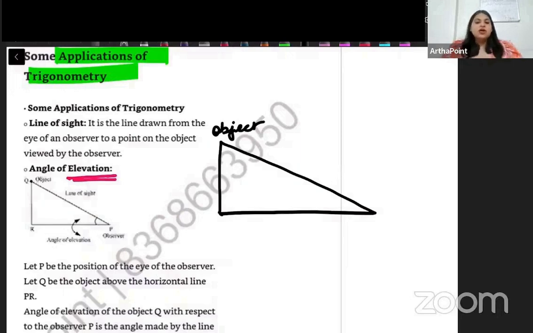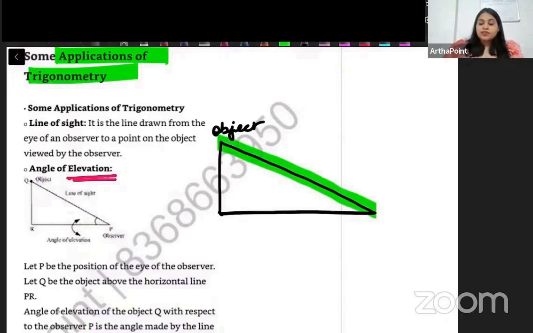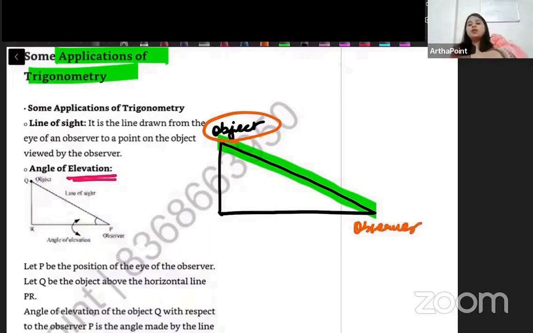viewed by the observer. Suppose I am standing on Qutub Minar and I am looking at something just below. How do I observe it? That is called the line of sight of the observer. This is the object, this is the observer. I can be on top looking at something below, or below looking at something on top.